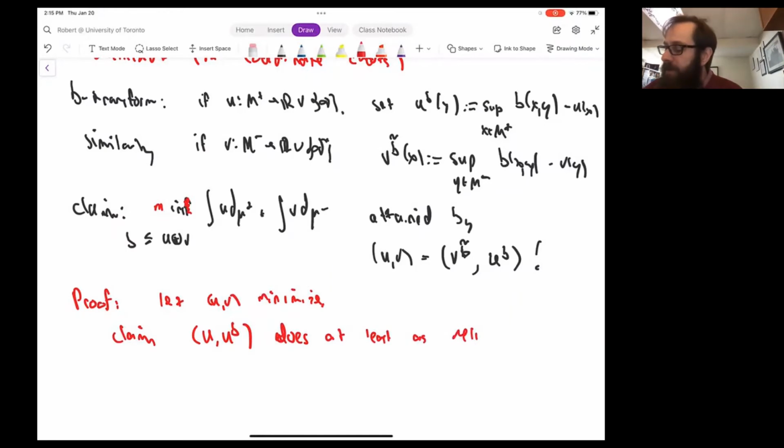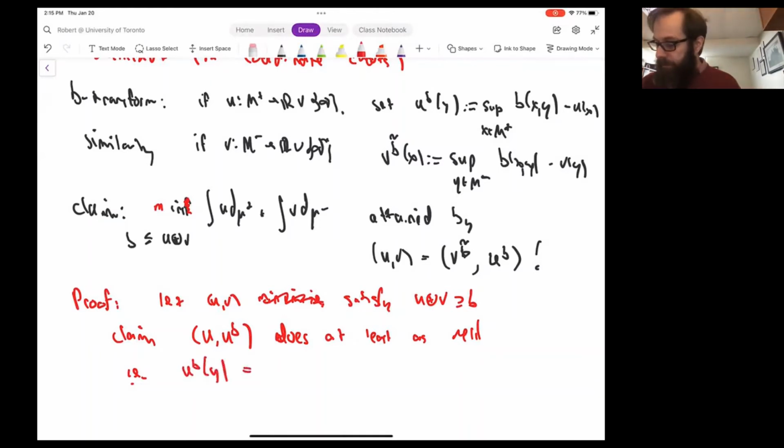So in fact, I don't even need this to be a minimizer. So let U and V satisfy U plus V is bigger than or equal to b. From its definition, U^B of y is the supremum written above.